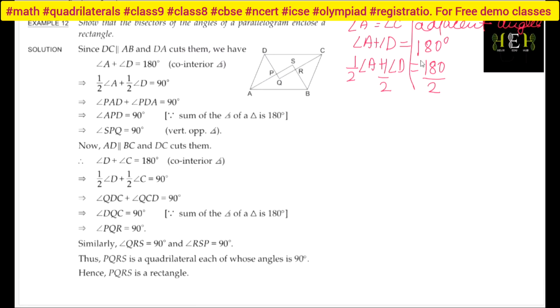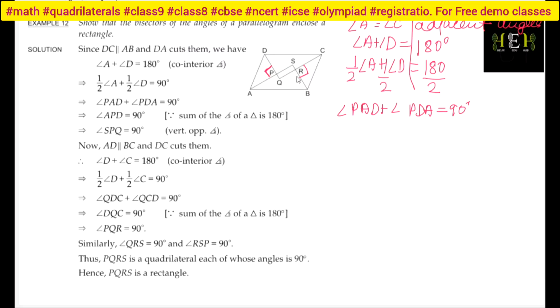Here also I have to do half because I can't do half on only one side. So half means angle PAD plus angle PDA is equal to 90 degrees. This one plus this one is 90 degrees, so in this triangle I can say this one is 90 degrees. Is it okay? Yes. Similarly, I can prove this one is also 90 degrees. Same funda I will use, right?